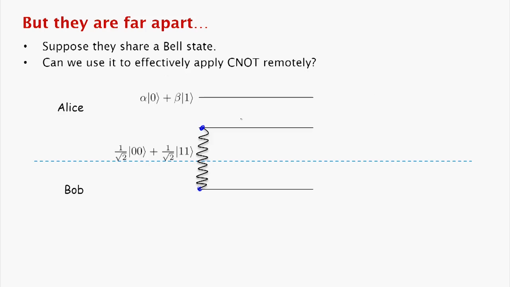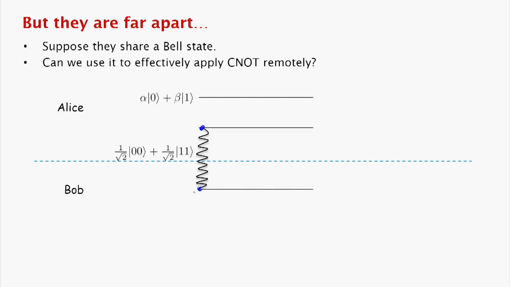Okay, so now what helps us is the fact that Alice and Bob actually share a Bell state. So we'll think of these as three different wires. The first wire carries Alice's qubit, alpha 0 plus beta 1, and the second and third wires carry these two qubits, which are entangled in a Bell state.